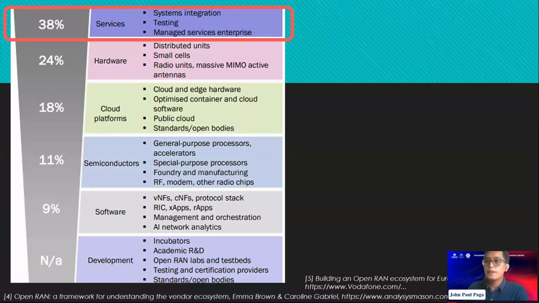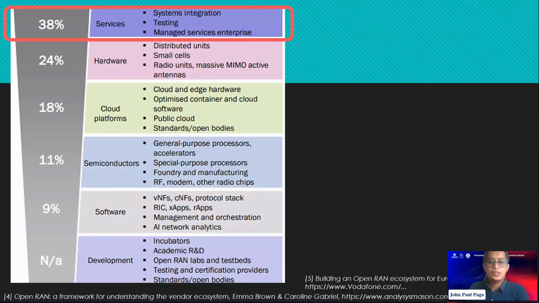So, in terms of services, these are the key roles or services that we could provide. Systems integration, a lot of testing, and managed service enterprises.